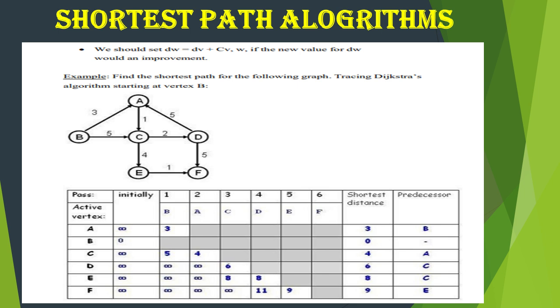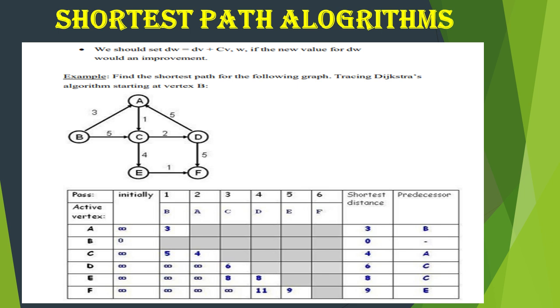So here we have taken the start vertex as B. From B we have to visit all the other vertices. From B we can visit A and C. There is an edge from B to A as well as B to C. The distance to travel from B to A is 3, B to C is 5.